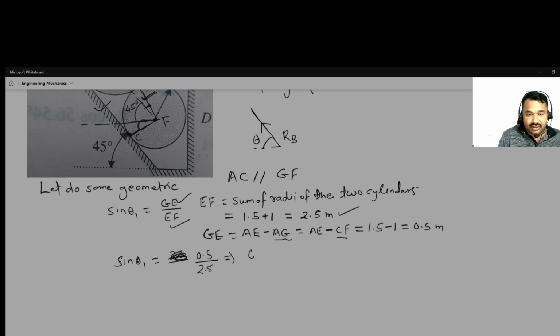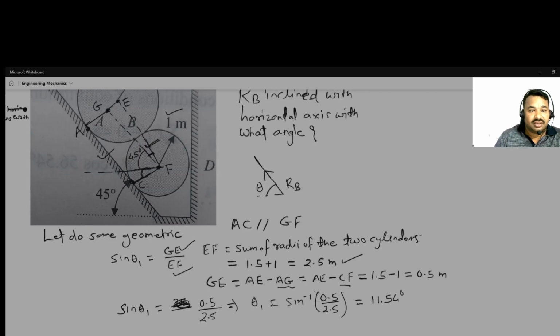So theta 1 we can get as sine inverse of 0.5 divided by 2.5, which is equal to 11.54 degree. Okay, so what we got is this angle, this one.